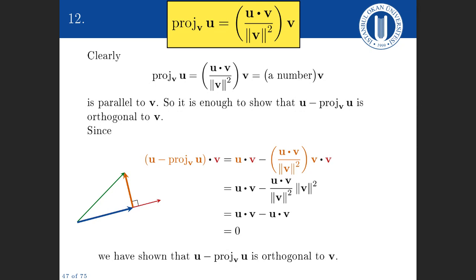Or u dot v minus u dot v over norm of v squared, norm of v squared. Norm of v squareds cancel out. And we're left with u dot v minus u dot v, which is the number 0. This proves that u minus the projection of u onto v is orthogonal to v. And so therefore it's also orthogonal to the projection of u onto v.